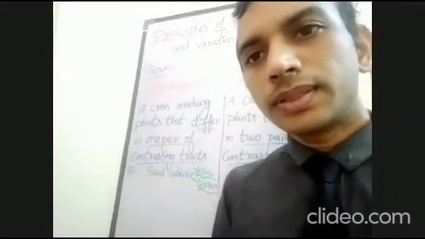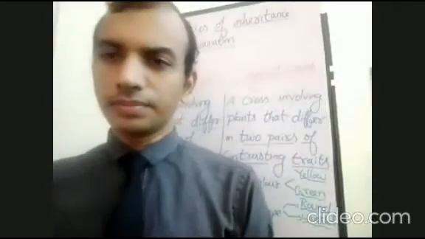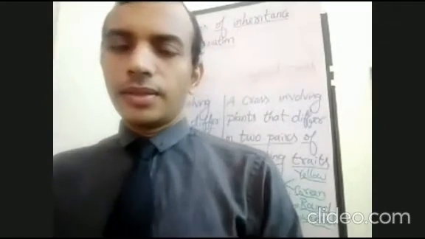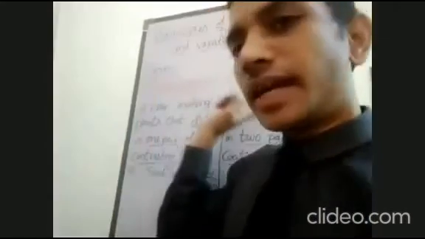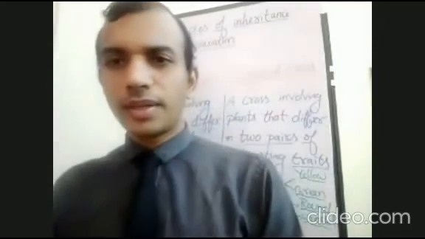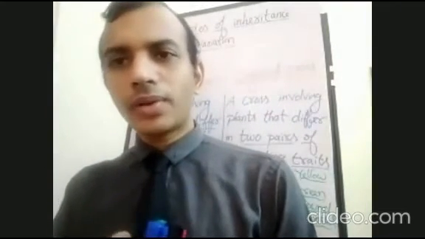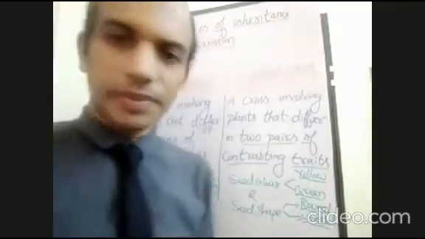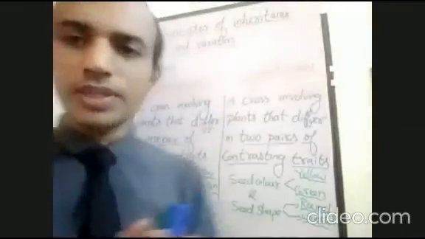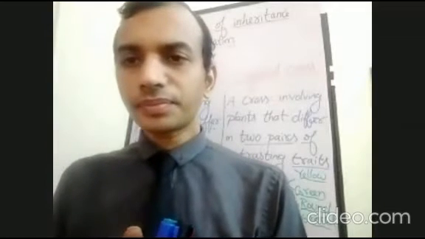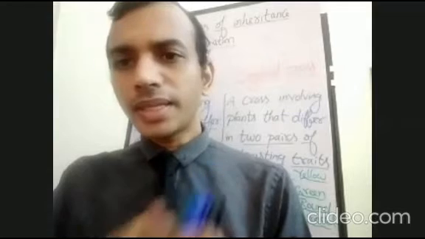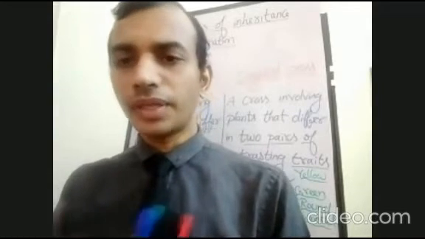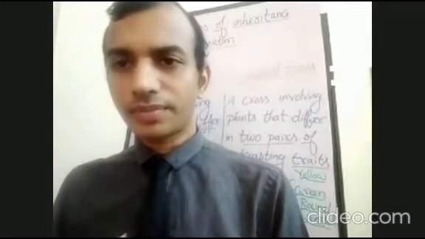Another important term: monohybrid cross and dihybrid cross. Mendel performed monohybrid cross as well as dihybrid cross in his experiments. Monohybrid cross is when you are studying inheritance of a single character which differs in, of course, contrasting traits.